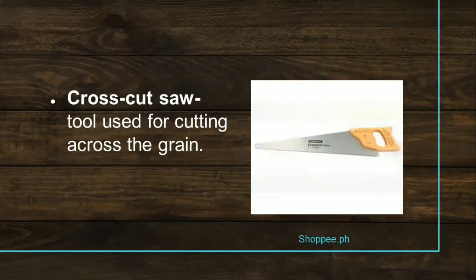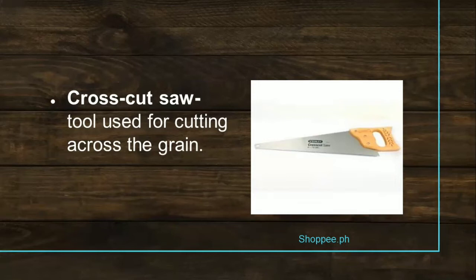Okay, next we have the crosscut saw. The crosscut saw is a tool used for cutting across the grain. It is the best tool for cutting across the wood. Its teeth are angled backward with a beveled edge, cutting on both push and pull strokes for a clean and accurate notch.